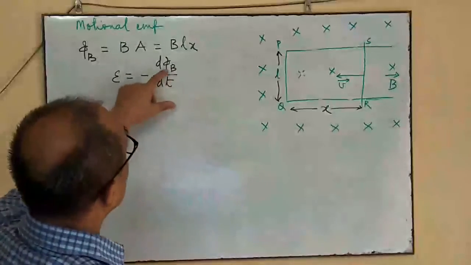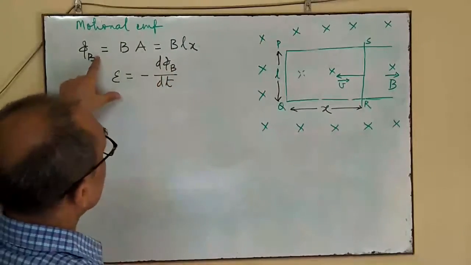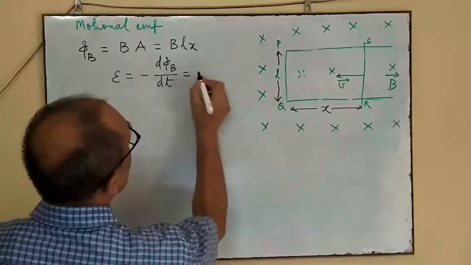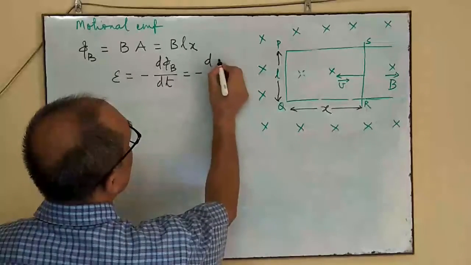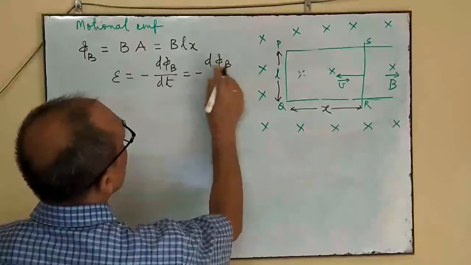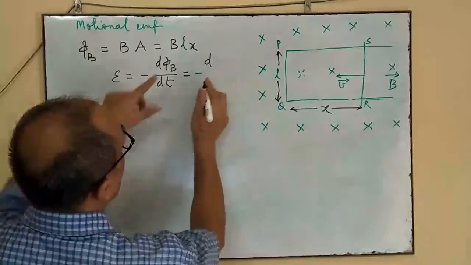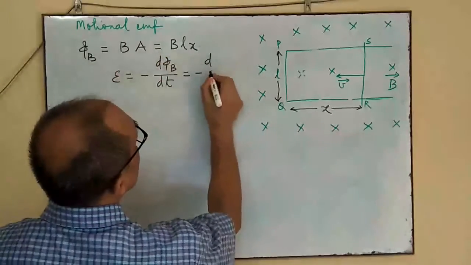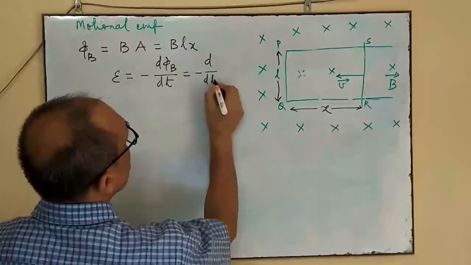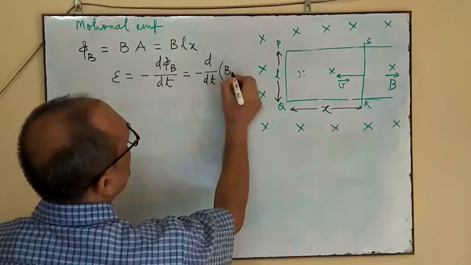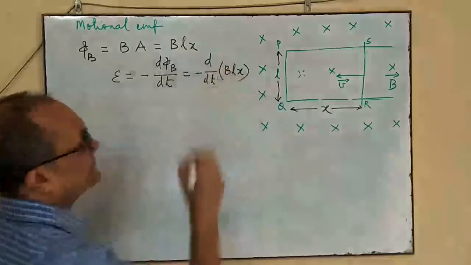So put the value of phi B in this equation. In the place of phi B we will write BLX, minus d by dt of BLX.